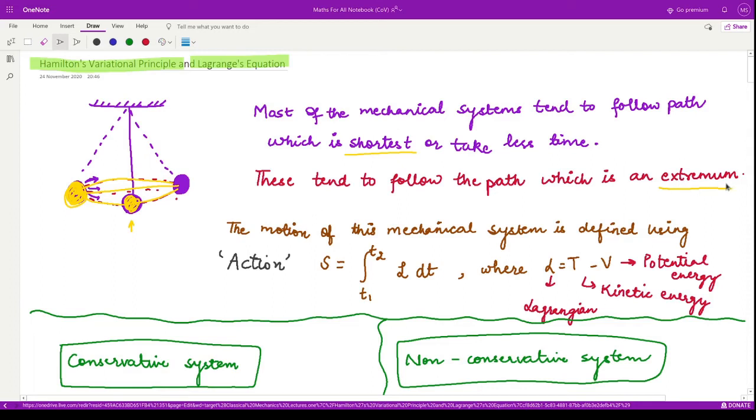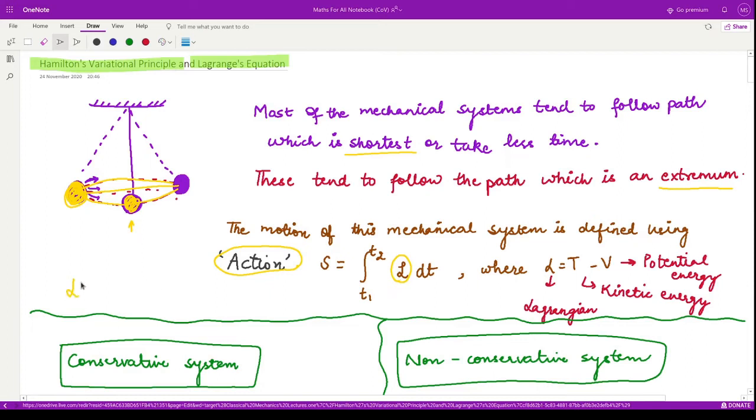The word extremum means we are talking about either a minimum or a maximum. So the motion of any mechanical system is defined using this action. And what is this? It is a functional which is defined as the integration from t1 to t2 of L dt, where L is a function of the generalized coordinates, generalized velocities, and time.